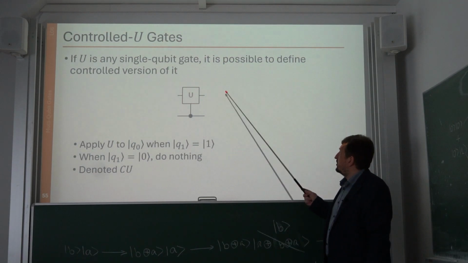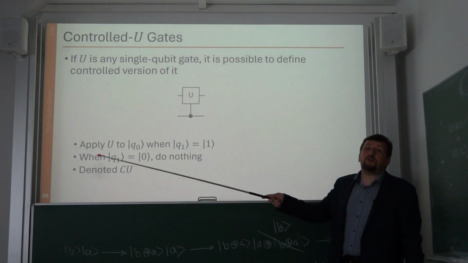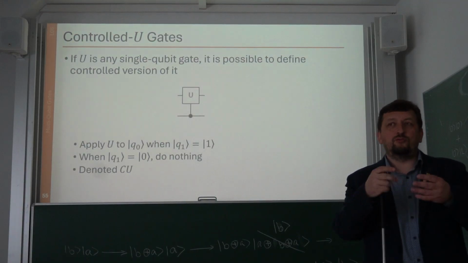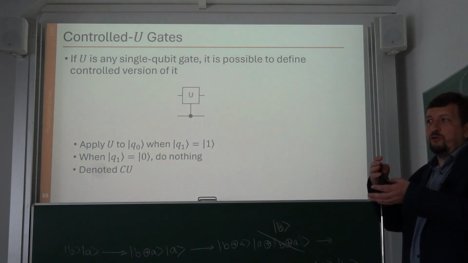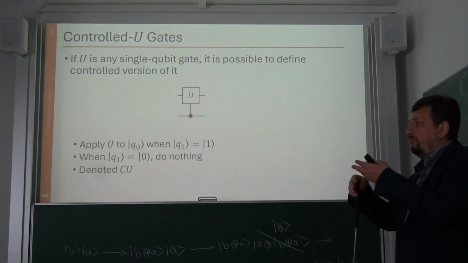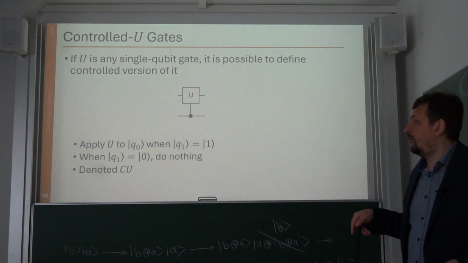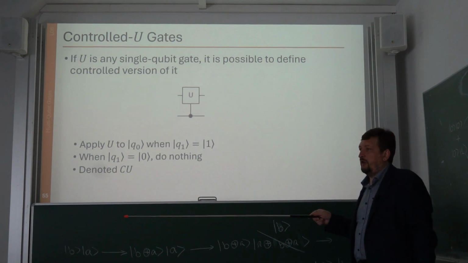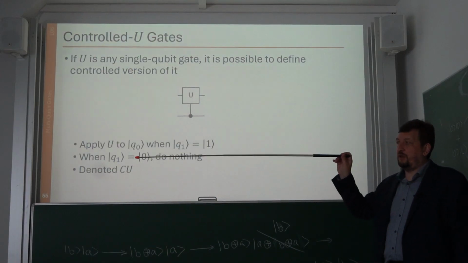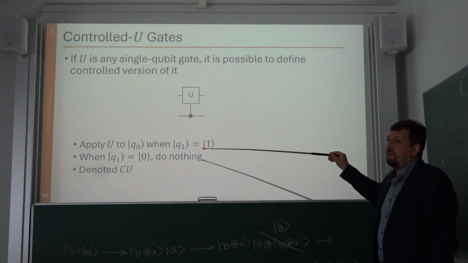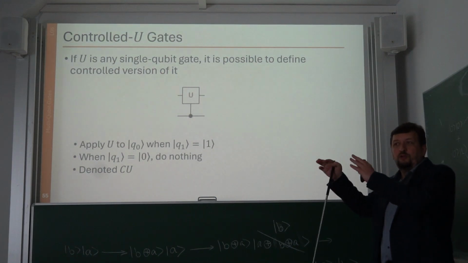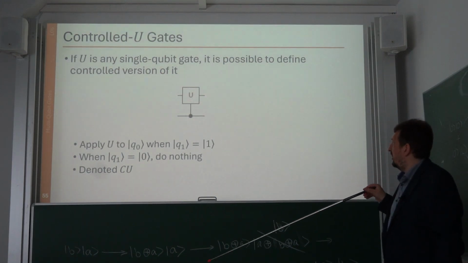Creating a controlled version of a gate is a standard way we introduce new gates, how we build composite gates from existing ones. All simulators and even Qiskit can write how to realize this gate using standard control NOT and other gates.